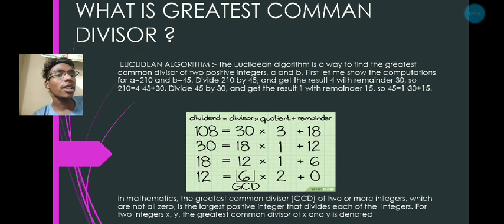The Euclidean algorithm is a way to find the greatest common divisor of two positive integers a and b. First, let me show the computation for a equals 210 and b equals 45. Divide 210 by 45 and we get the result 4 with a remainder, so 210 equals 4 into 45 plus 30.